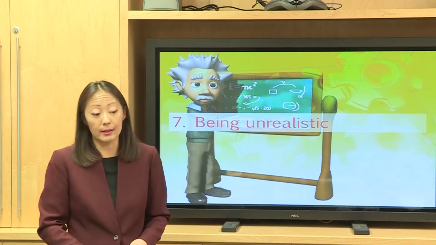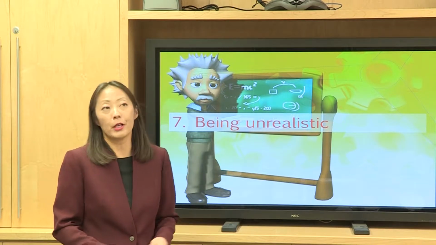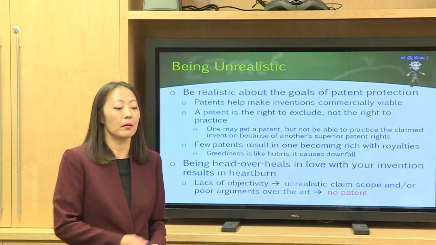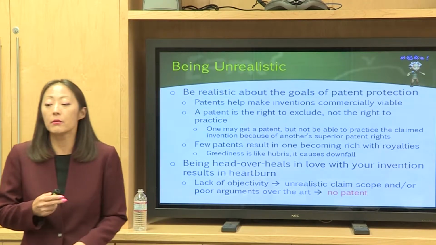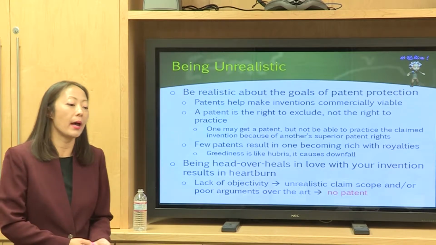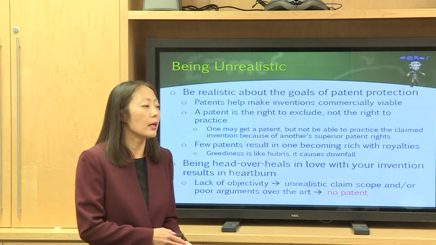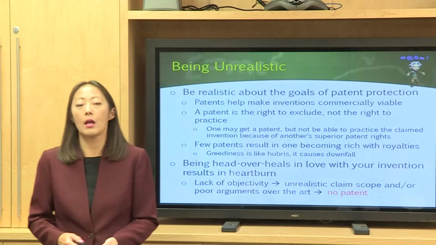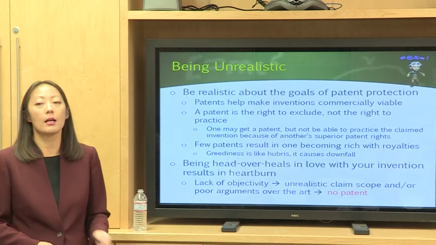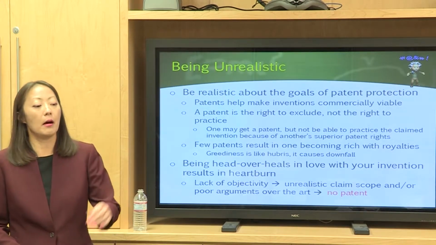Being unrealistic is another type of mistake that causes problems. You must be realistic about the goals of patent protection. Patents help make inventions commercially viable. A patent is the right to exclude, not the right to practice.